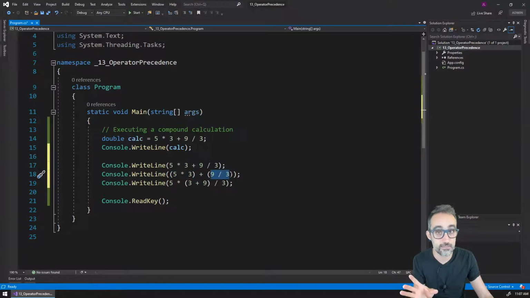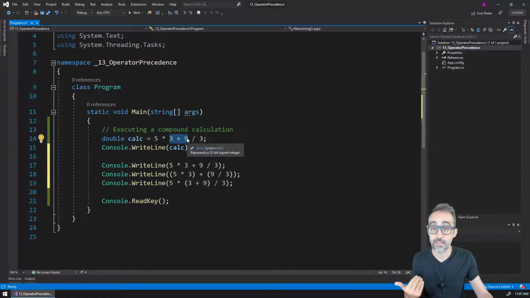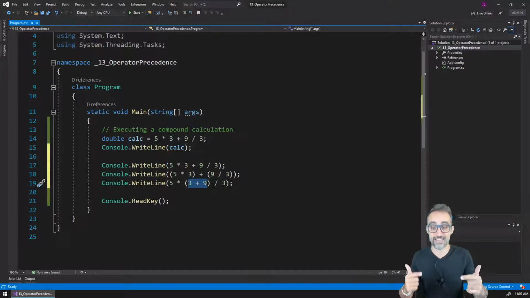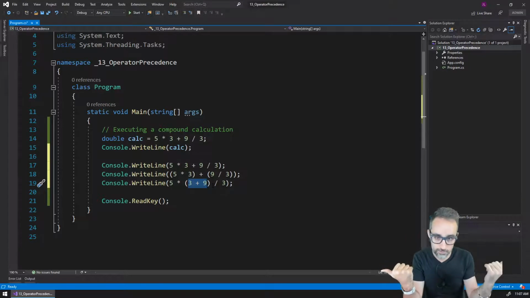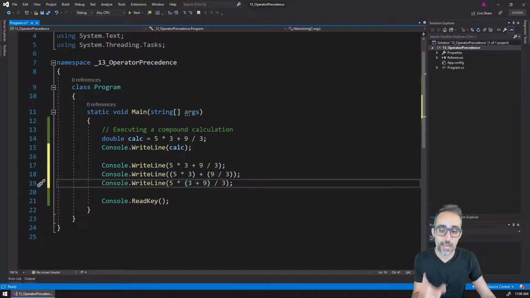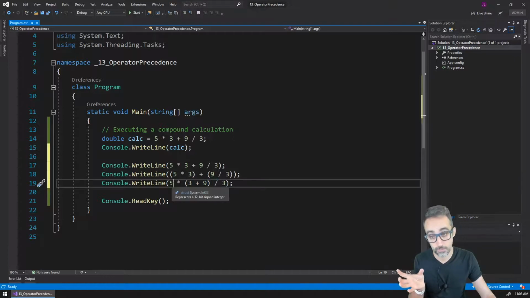I can also write this in parentheses, or if I want this operation to not behave in the typical operator precedence way that it would normally, but I want to make sure that the value of 3 and 9 get computed first, and then they get multiplied by 5 and divided by 3, then I can wrap this operation in parentheses, and I will be sure that this will be executed first, and then it will be divided and multiplied.